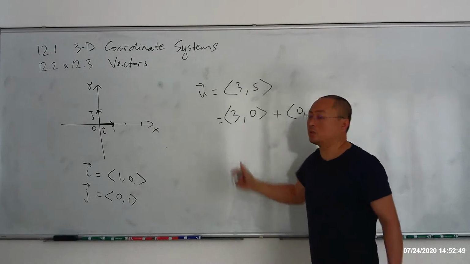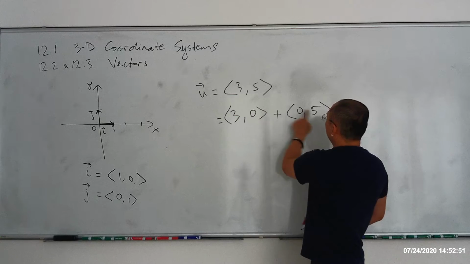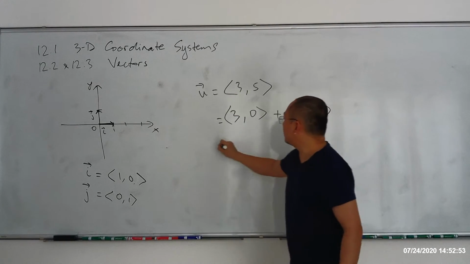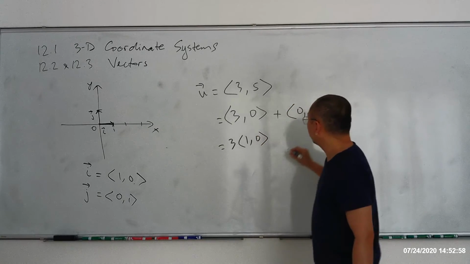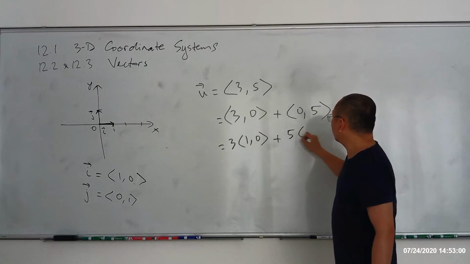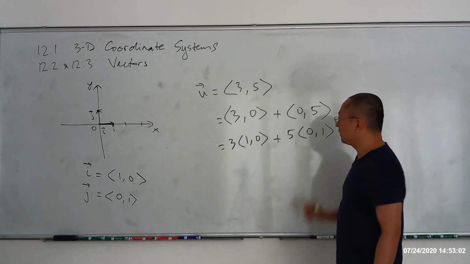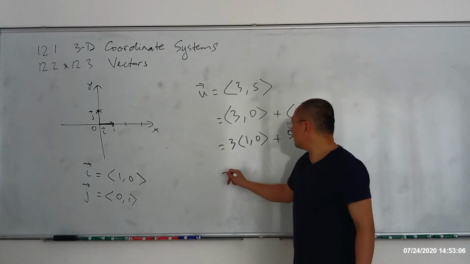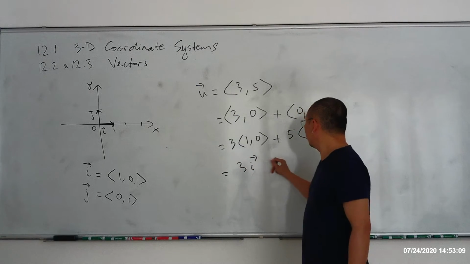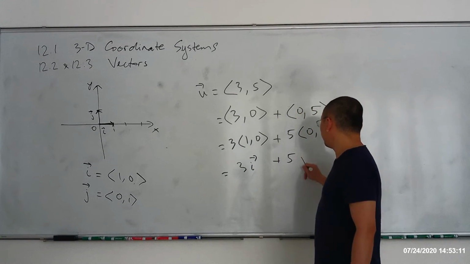Because we just add the two vectors: 3 plus 0 is 3, 0 plus 5 is 5. And this is the same thing as 3 times 1, 0 plus 5 times 0, 1. And this is 3i plus 5j.